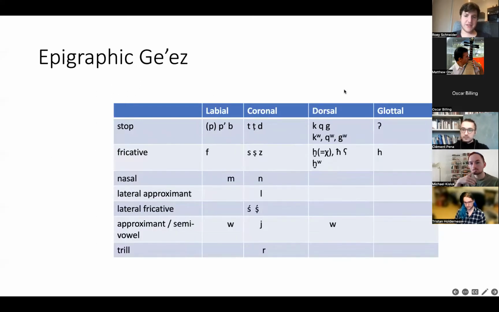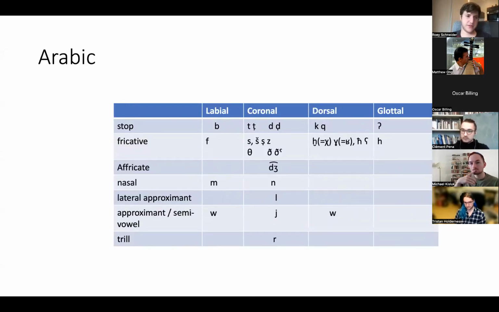Yes, exactly. That's true. And since we can do the etymological comparison, we know that both this and this in Arabic come from laterals. So they are not really part of these triads. I hope that was clear.